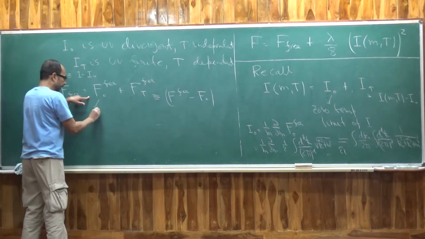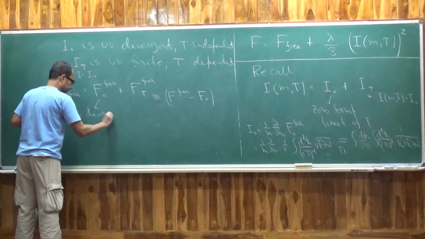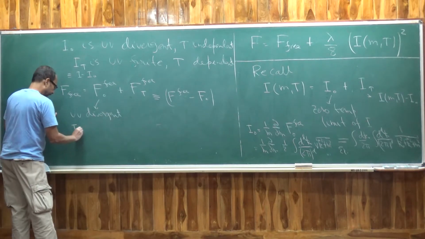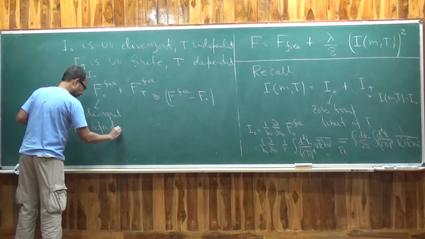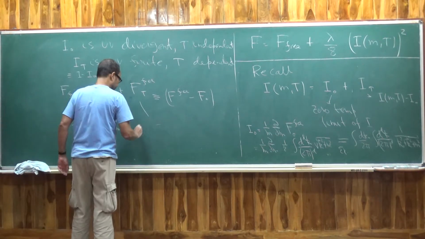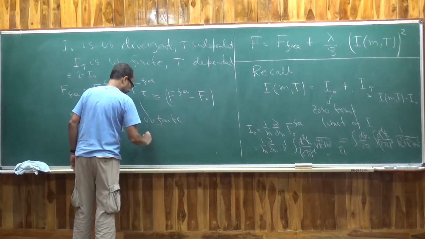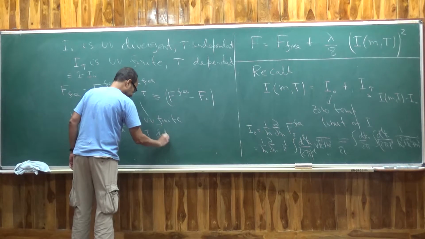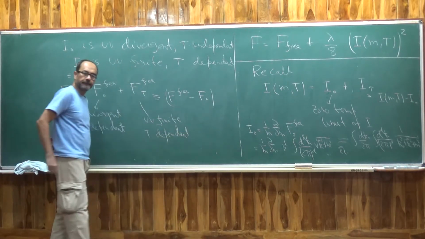The point is F free naught is UV divergent and T independent. This one, F free T, is UV finite and T dependent. Okay, this is what we had found last time.